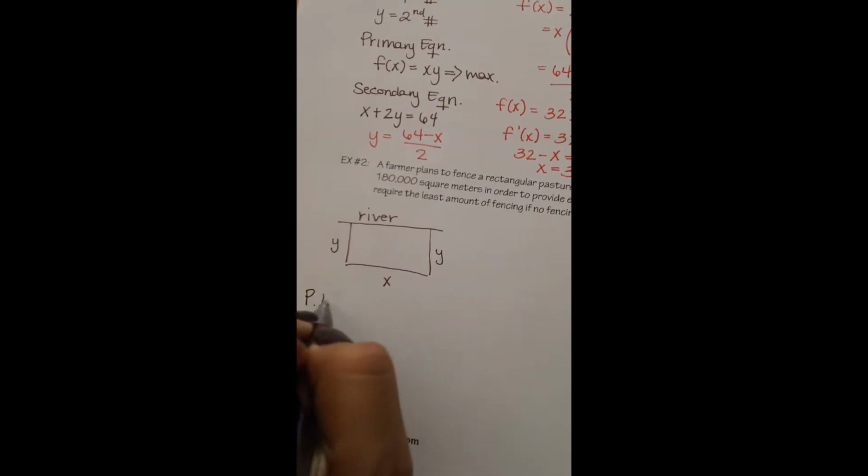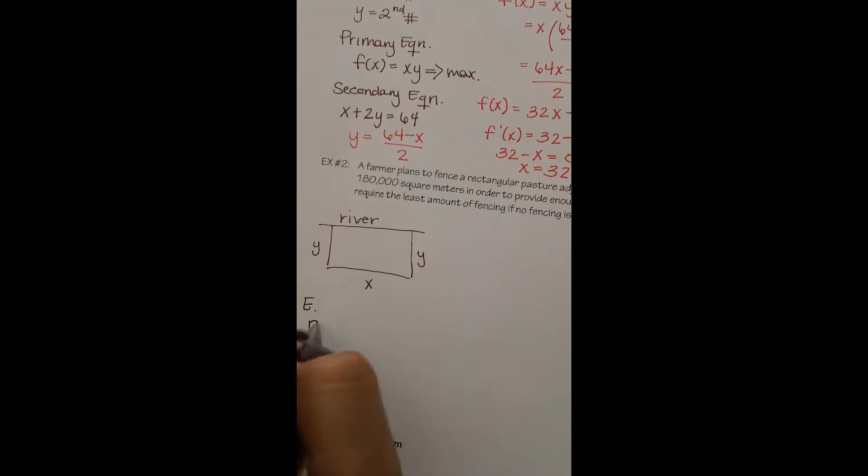Our primary equation will be the perimeter. x plus 2y.